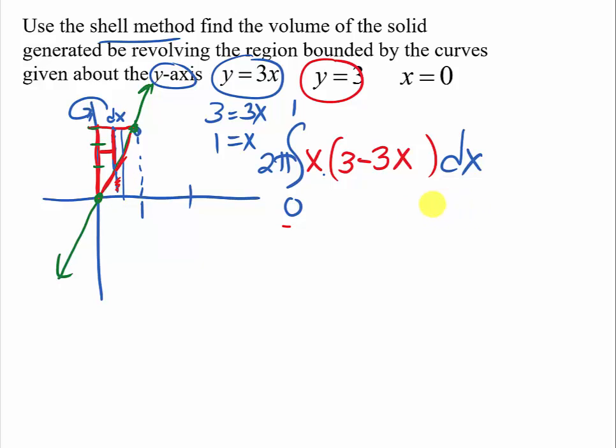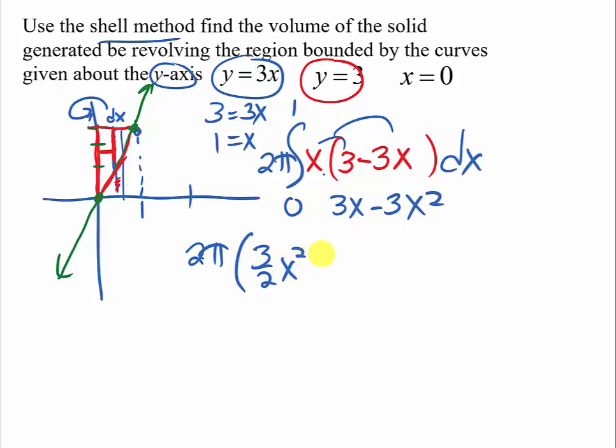Okay, so now let's go ahead and see if we can evaluate our integral. So we have 2 pi, and then I'll go ahead and distribute this through. This would make this 3x minus 3x squared, and I'm going to integrate that. So that's going to be 3/2 x squared minus x cubed, and then that needs to be evaluated from 0 to 1.